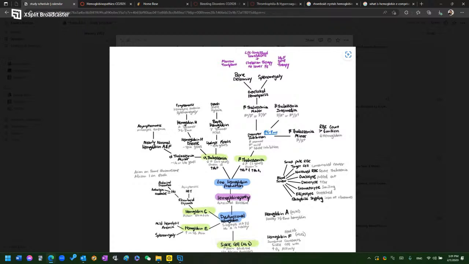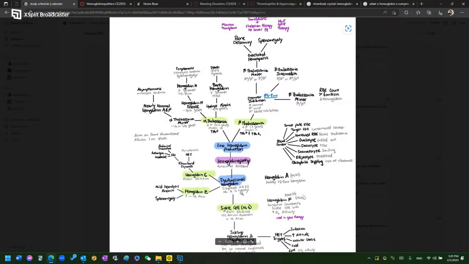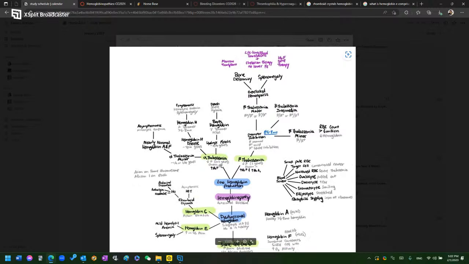So low alpha thalassemia means you don't have alpha, which is important for all of these, right? All of these hemoglobins require alpha. So if you're missing that, which is a damage at chromosome 16, sure, chromosome 16.